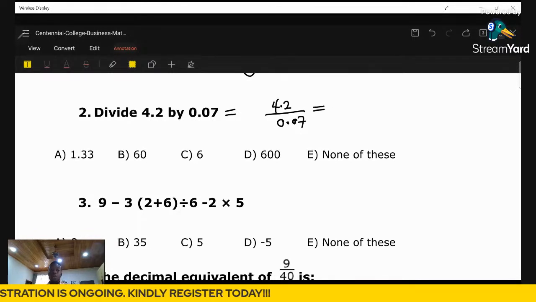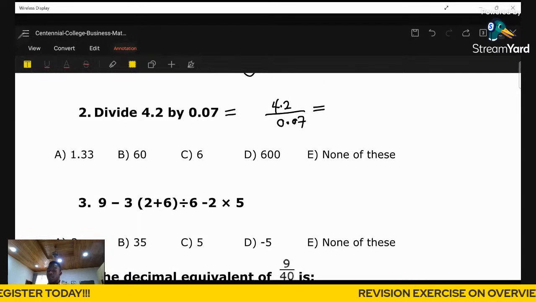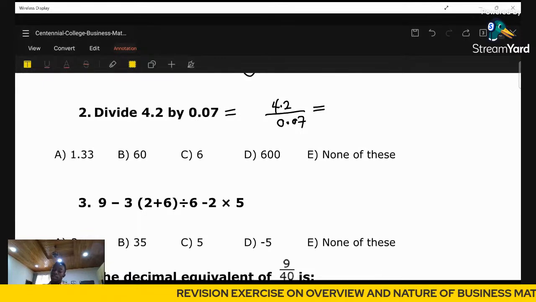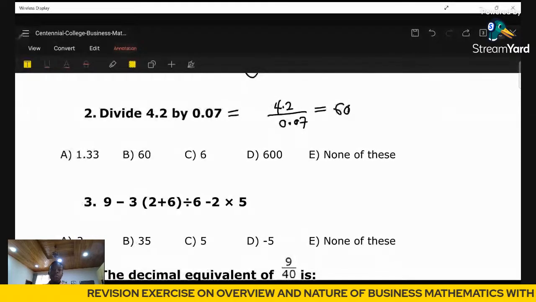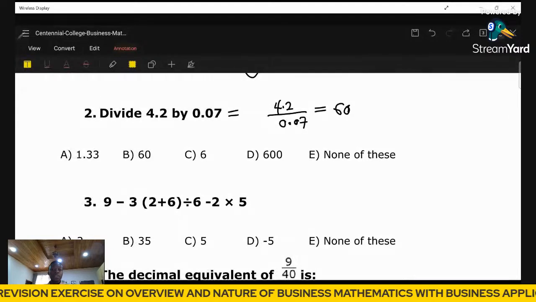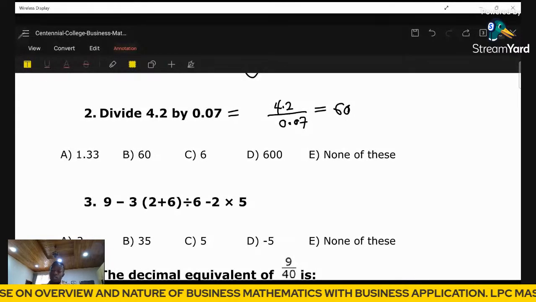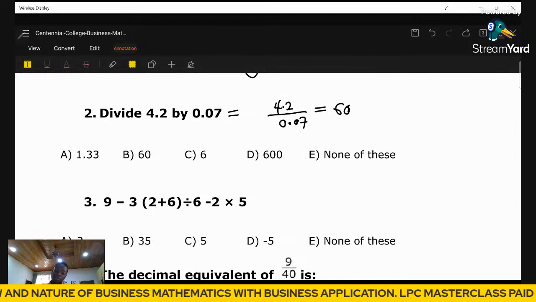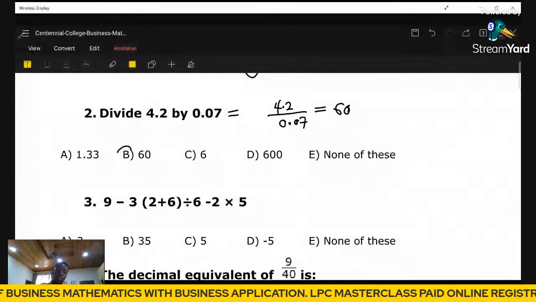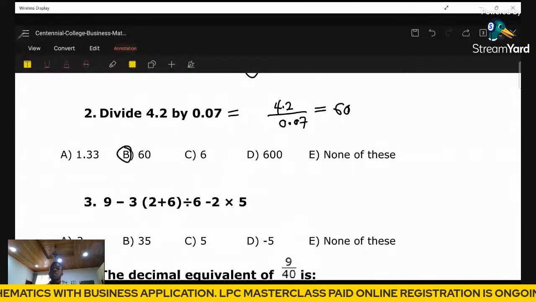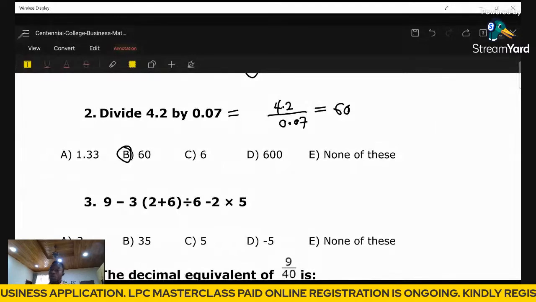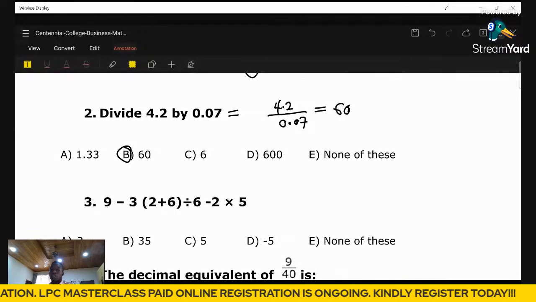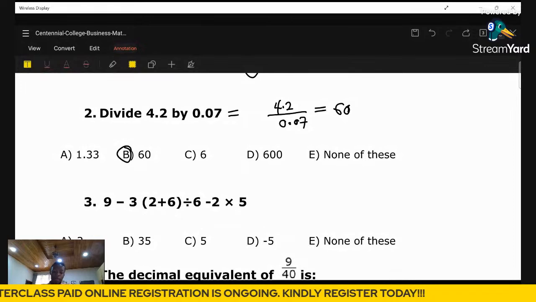With the help of a calculator, you should be able to get it done and arrive at 60. Confirm with your calculator to see if that is true. 60 gives you option B. If it's multiple choice, you circle it and you are good to go, or if you are provided with a scannable sheet, you shade it so that you get it done.